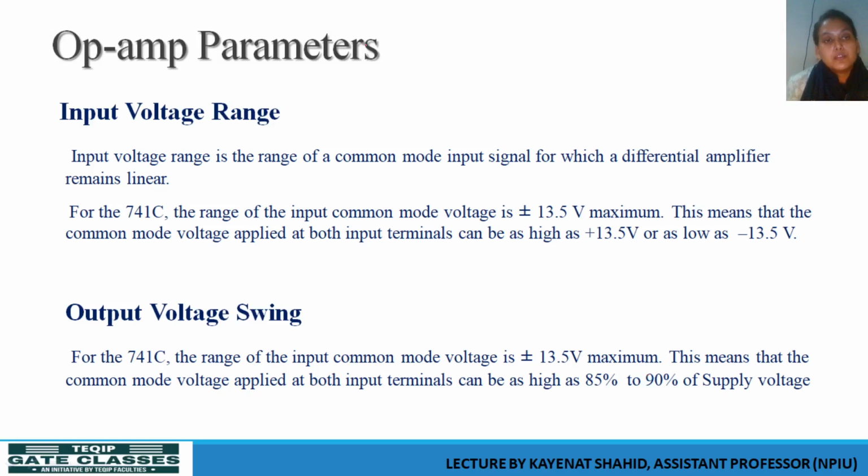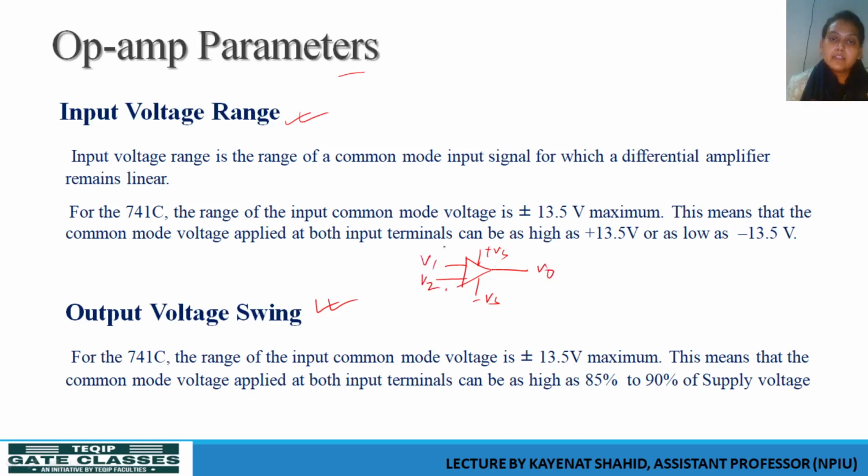Another set of parameters to consider is the input voltage range and the output voltage swing. For the 741 IC, this is plus Vs and minus Vs. The input and output will depend on this voltage only.